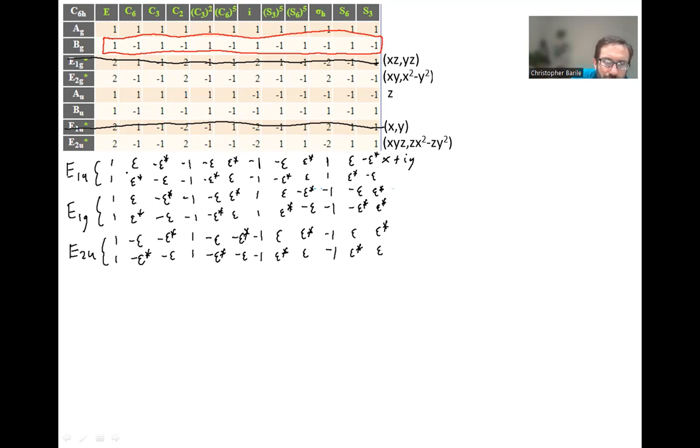We already had E1U. So this was basically saying that, just for clarity, BG times E1U gave us E2U. And so the next logical step is to try multiplying something by BU.